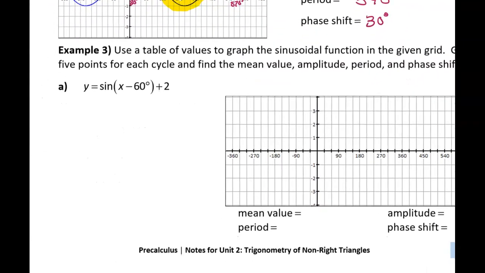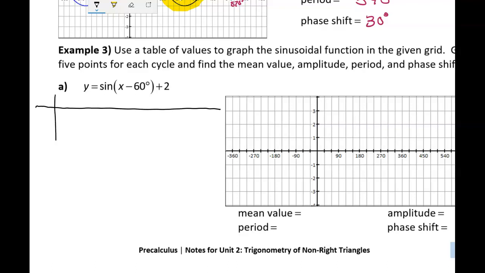All right, now we're going to use a table of values to actually graph a sinusoidal function. And so we're going to use that same idea that we used in the last section, where we create a table of values based on the order of operations.